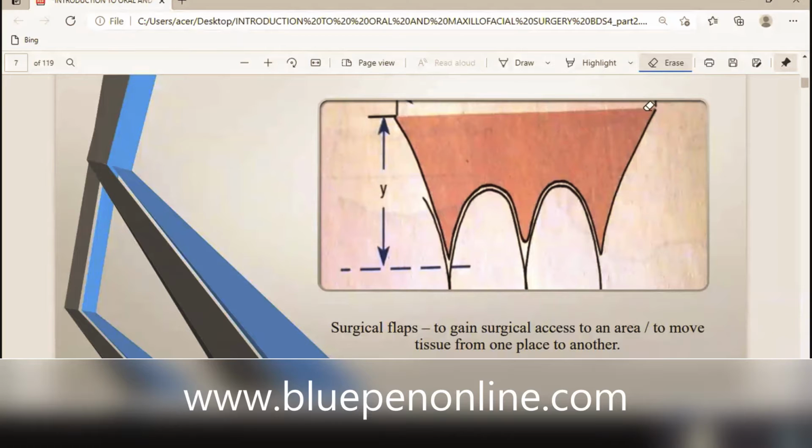This is x and this is y. X is equal to 2y. X can be double the length. Width can be double the length. Length should not be more than the width. Just try to learn it by heart: x is equal to 2y. Write it like this: flap dimension x is equal to 2y. You got it, right?